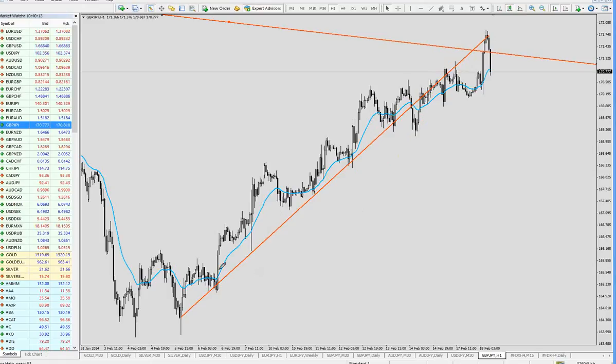Without any risk events, most probably we would be the seller on the move back here.